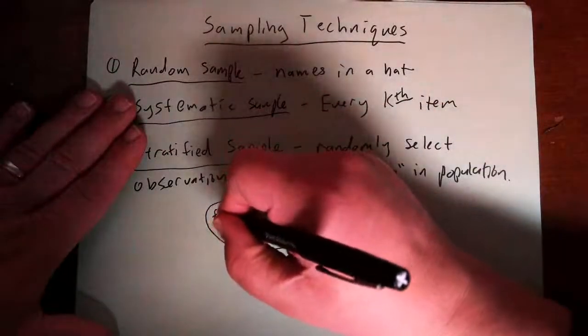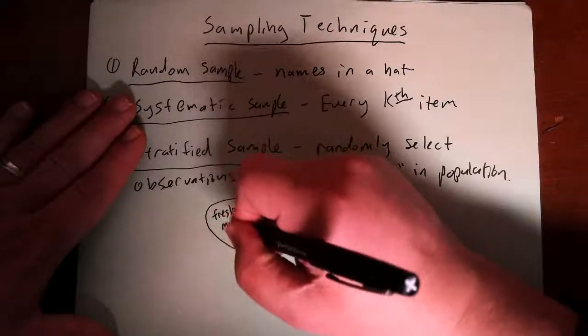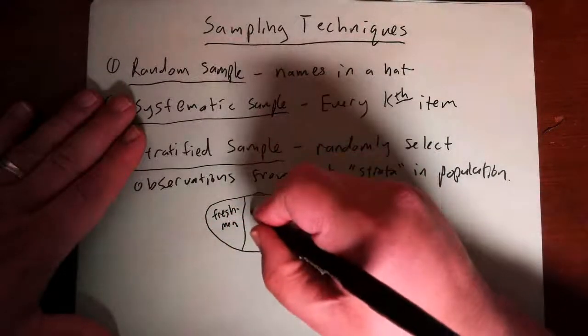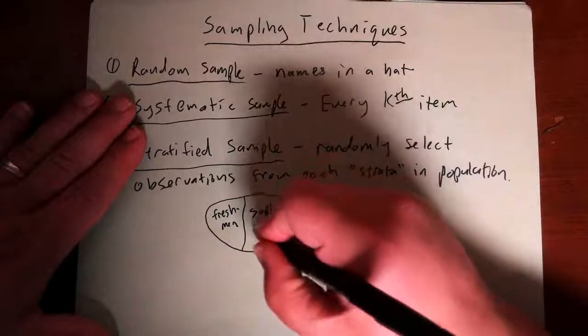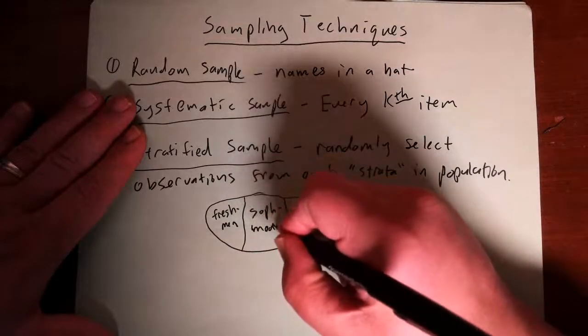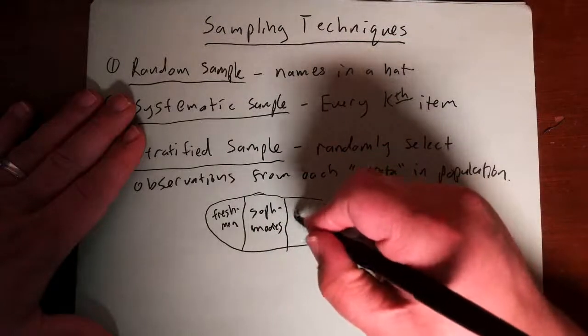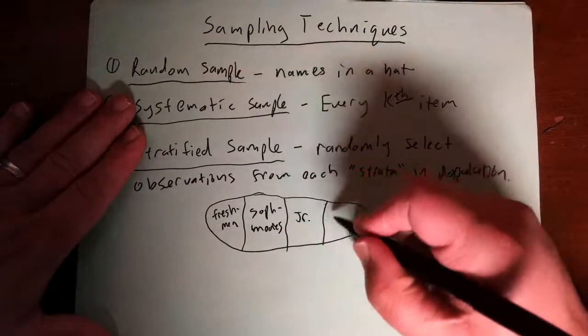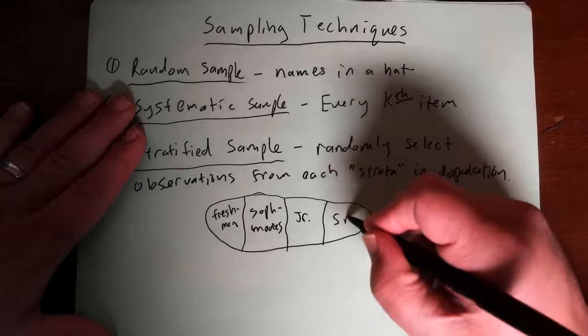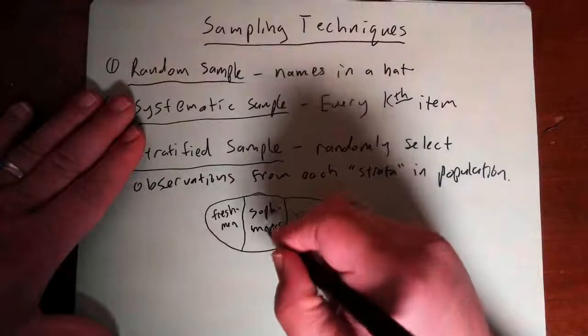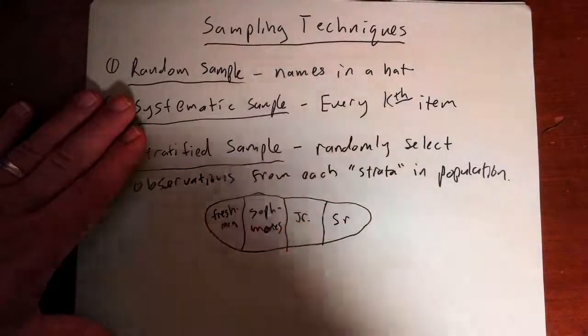So this could be all the freshmen, this would be all the sophomores, this would be all the juniors, and this would be all the seniors. I think there's only one R there.